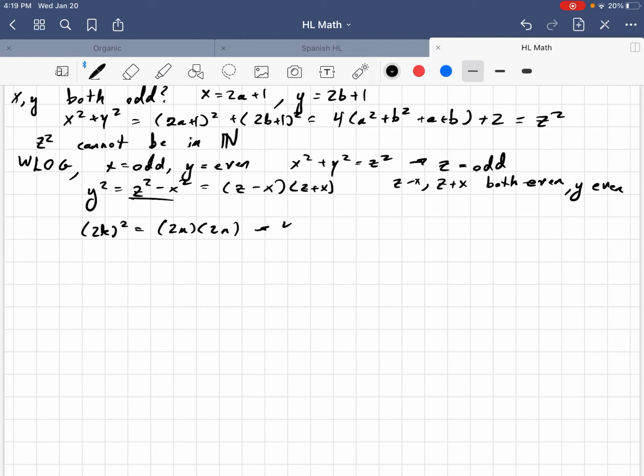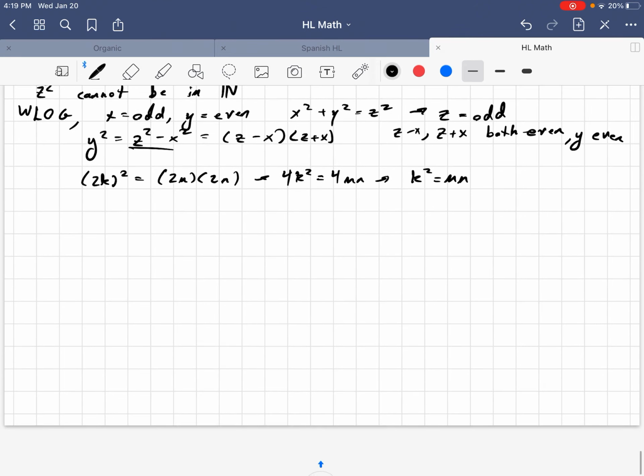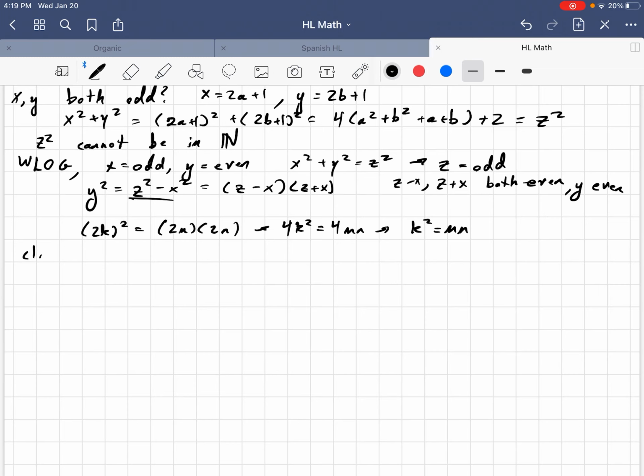And so we're going to get that 4k squared is equal to 4mn, or in other words, that k squared is equal to mn. And now from here, my claim is that for this to be true, the GCD of m and n has to be equal to 1.